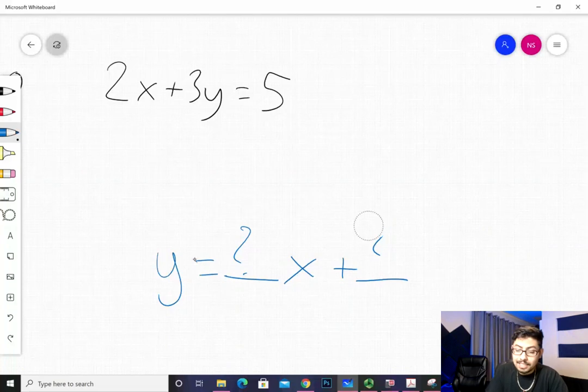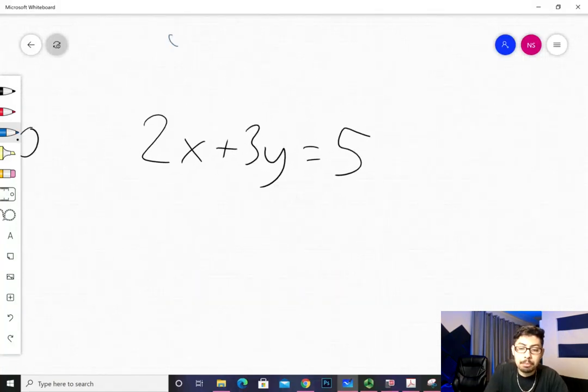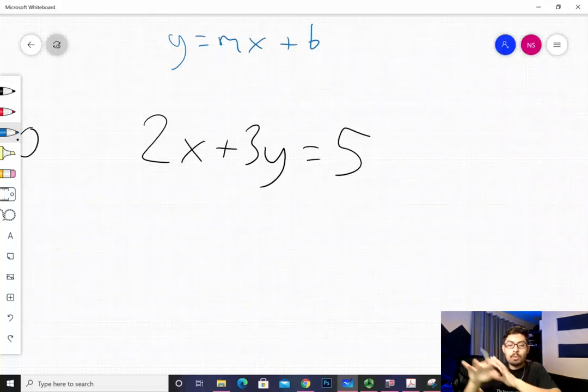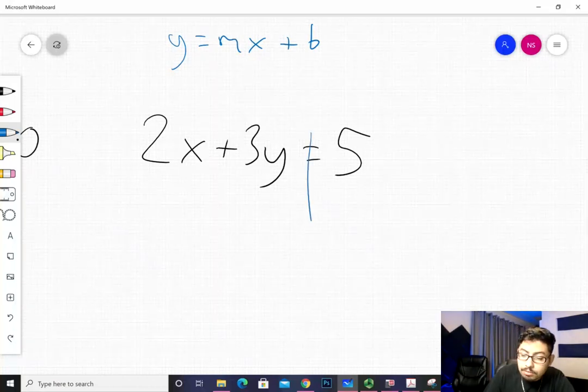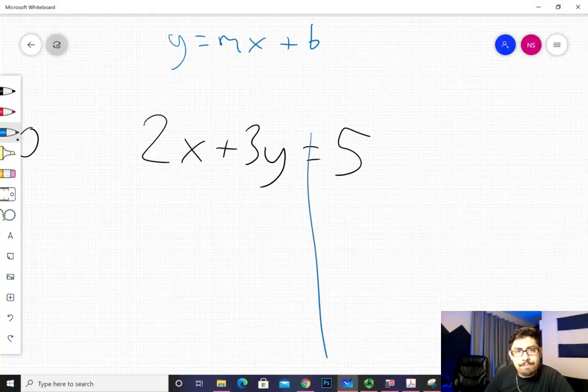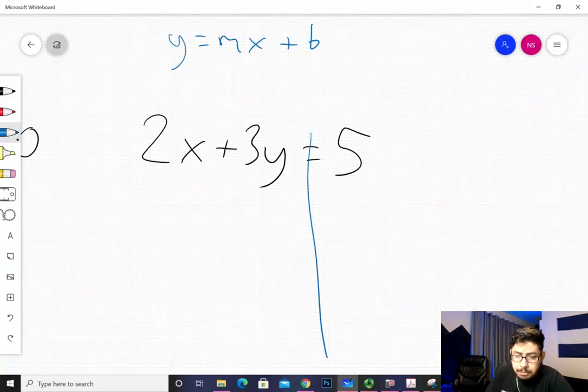So let's do that. We know we want it to look like y equals mx plus b. I'll put our best friend up here just so we can visibly see. We need to morph it. So this is how we do it. We want to move stuff till it looks like y equals mx plus b.